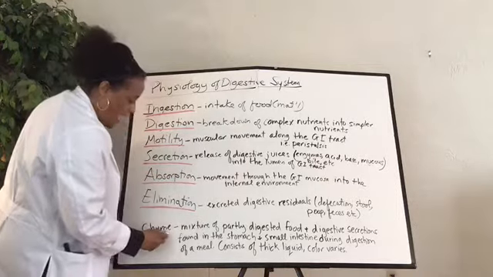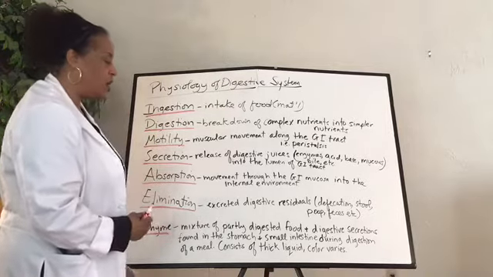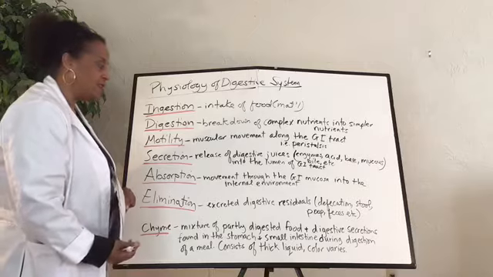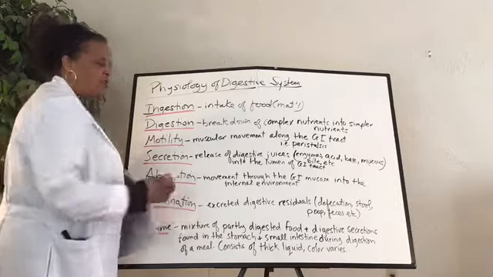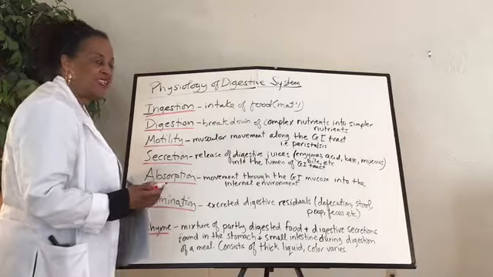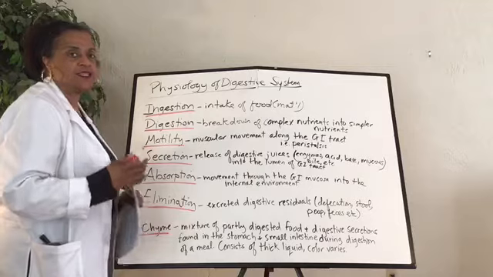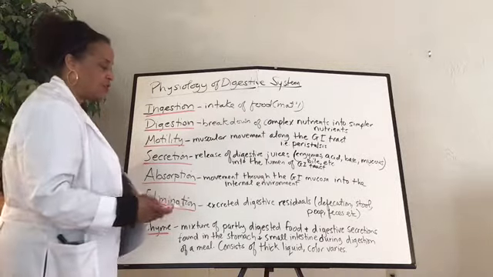And then we have chyme. Chyme is a mixture of partly digested food and digestive secretions, enzymes, and so on, that are found in the stomach and the small intestines during digestion of a meal.